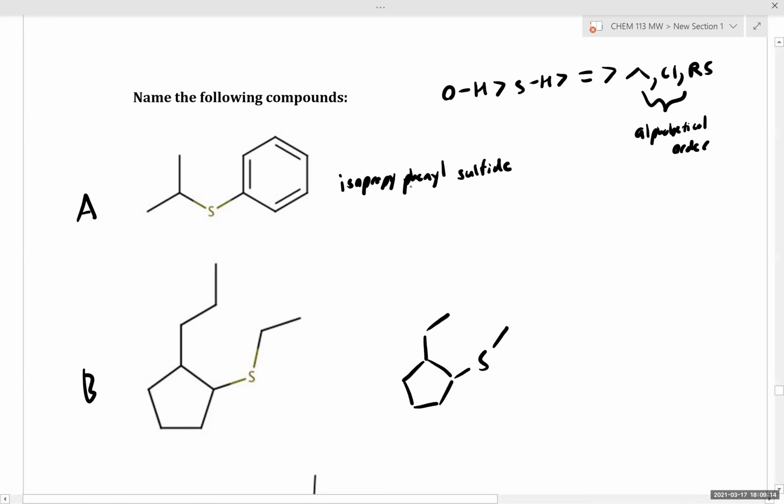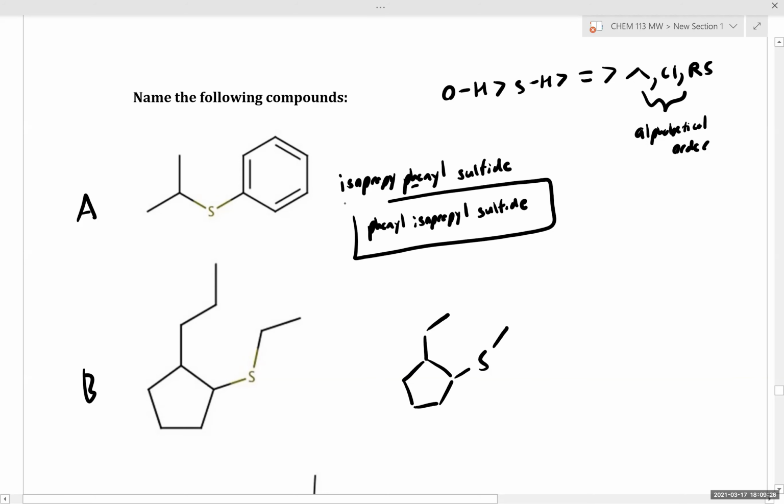So in terms of alphabetically, the phenyl, yes, should go first. So we'll name this as phenyl isopropyl sulfide. Yep, perfect. Any questions on this first example?